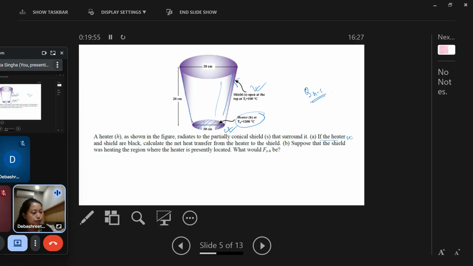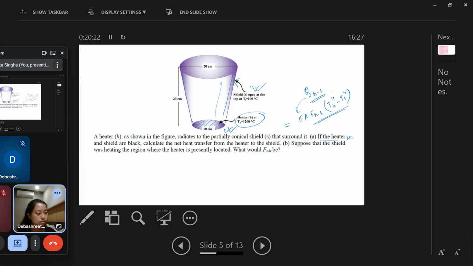So for finding out QHS, since they're black surfaces, it is equal to sigma A FHS into (TH to the power 4 minus TS to the power 4). So this is the heat radiated from heater to the shield.